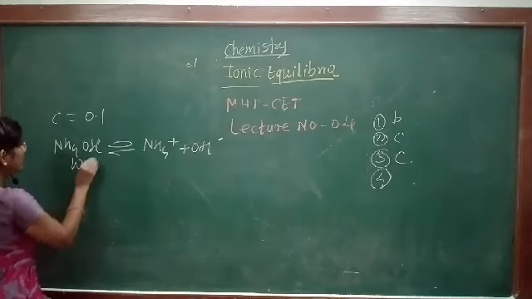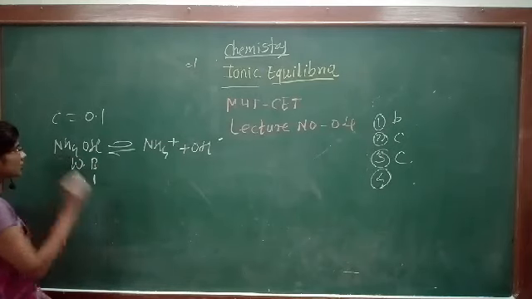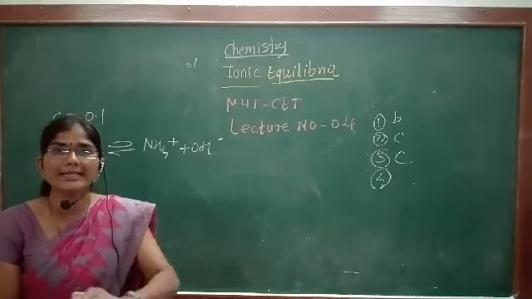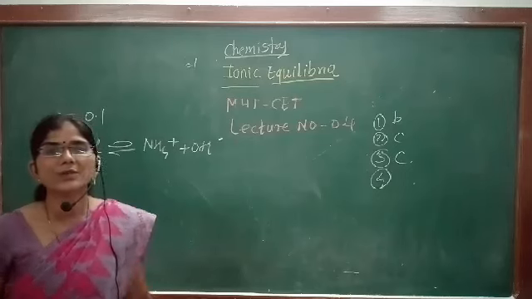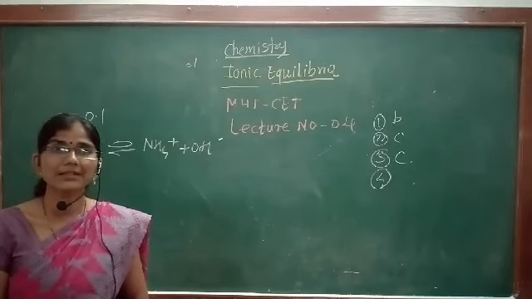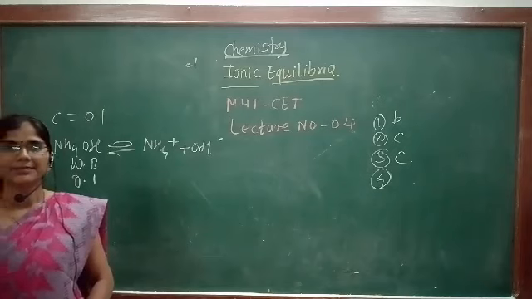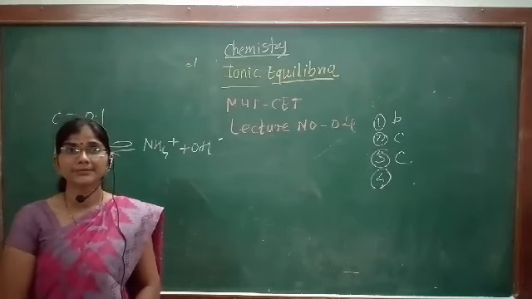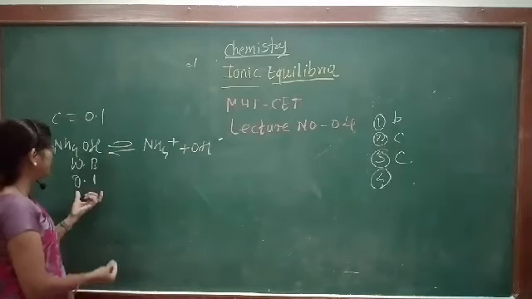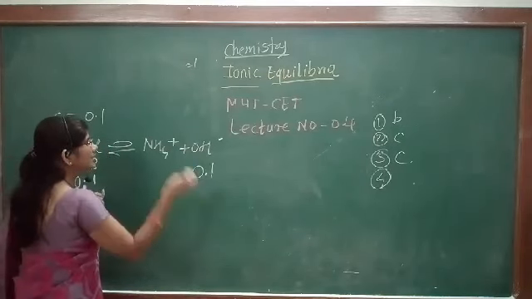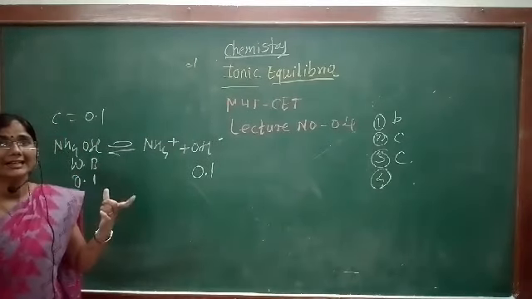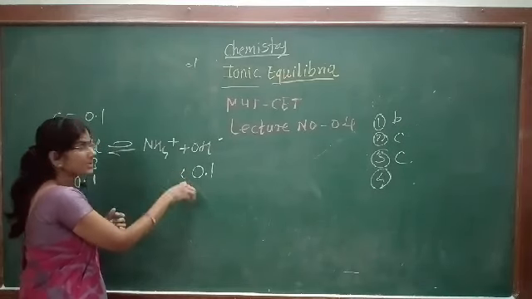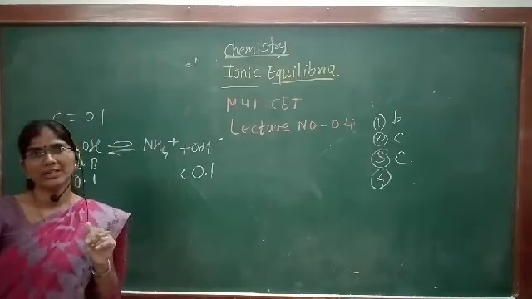We are given a concentration of 0.1, and because it is weak, less than 0.1 will be dissociated. Because as we know, a weak electrolyte, that means a weak acid or weak base, dissociates partially. Therefore, out of 0.1, not the full 0.1 will be dissociated. It will be dissociated less than 0.1.